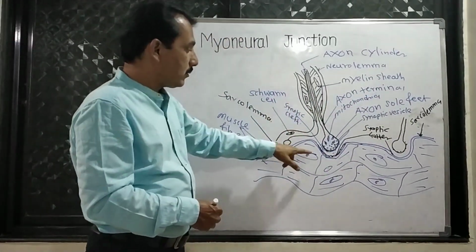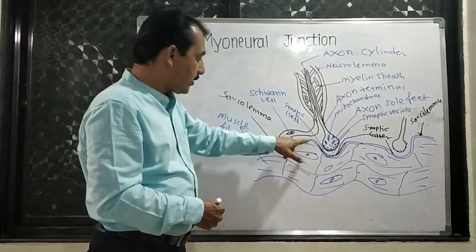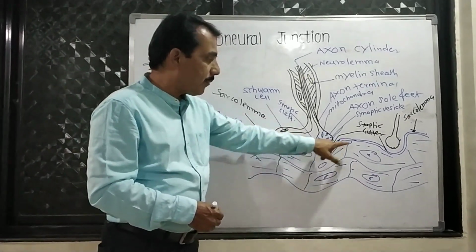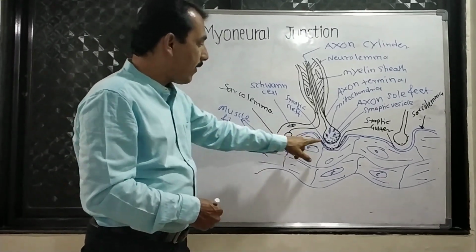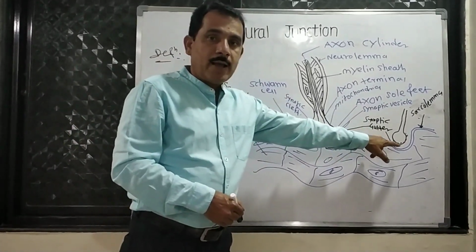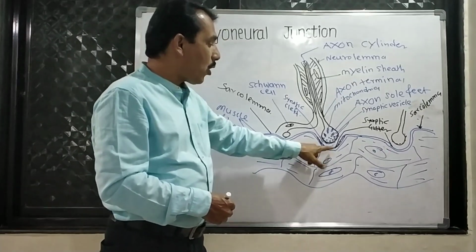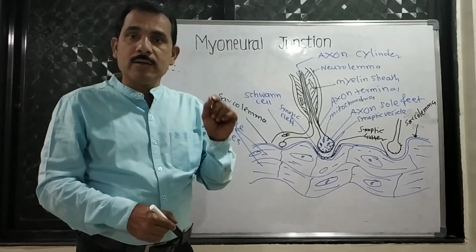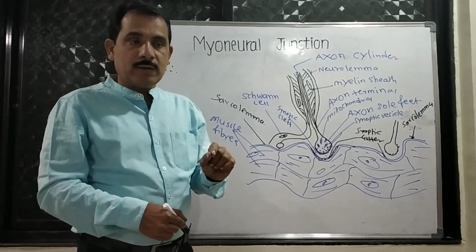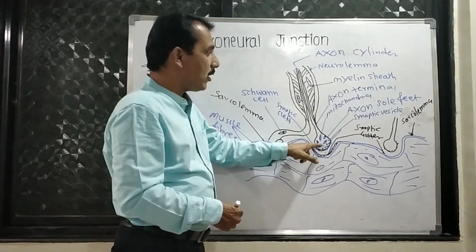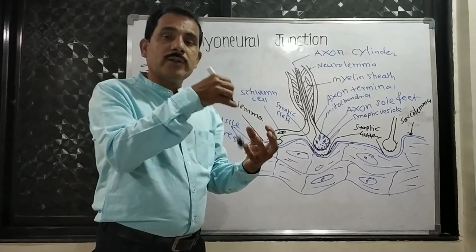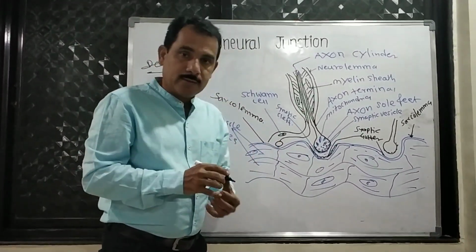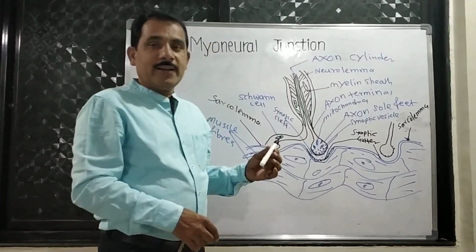On the other side, if you see the sarcolemma that is covering the muscle fibers, it shows invaginations, and these invaginations are called a synaptic gutter. These axon terminals end into that synaptic gutter.